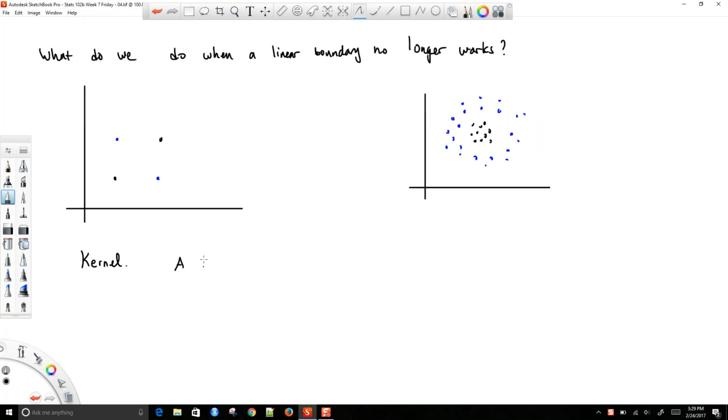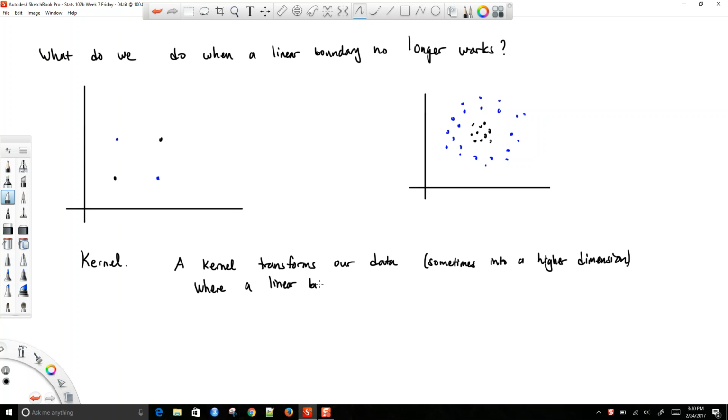The kernel transforms our data, sometimes into a higher dimension, where we can then separate things out, where a linear boundary could work.